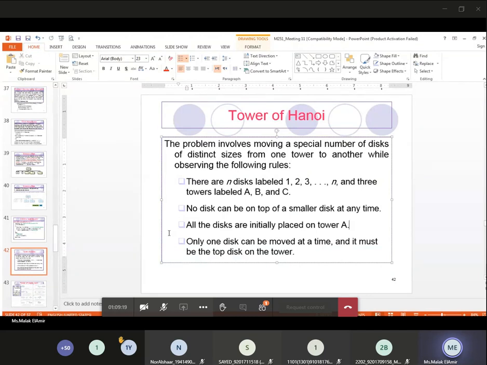There are n disks labeled 1 to n, and there are 3 towers A, B, C. So I have maybe 2 or 3 or 4 disks with the 3 labeled towers. No disk can be on top of a smaller disk at any time. All disks are initially placed on tower A, and finally they will be in tower C or tower B.